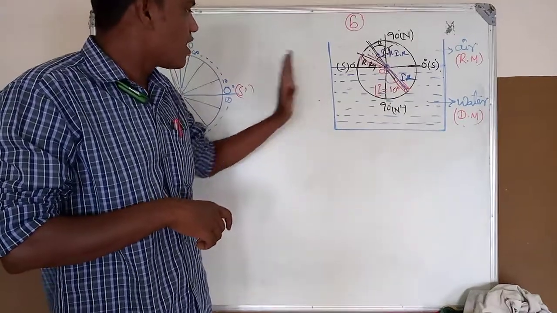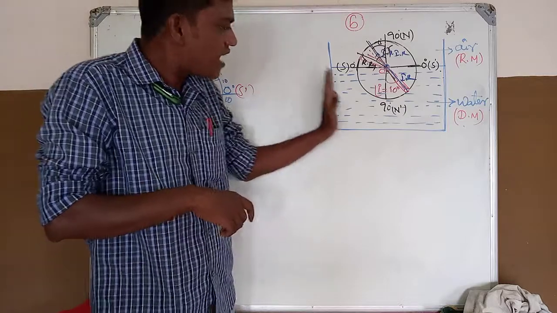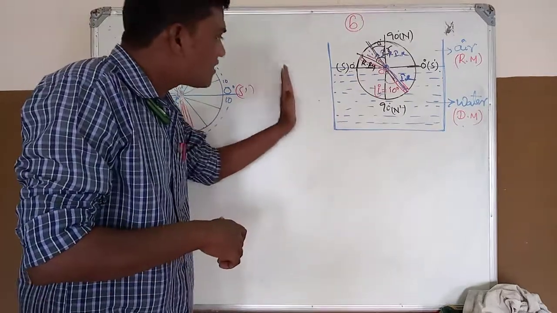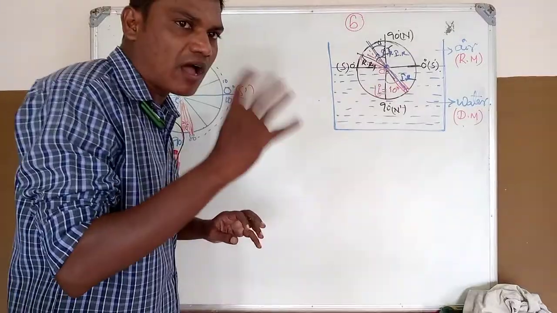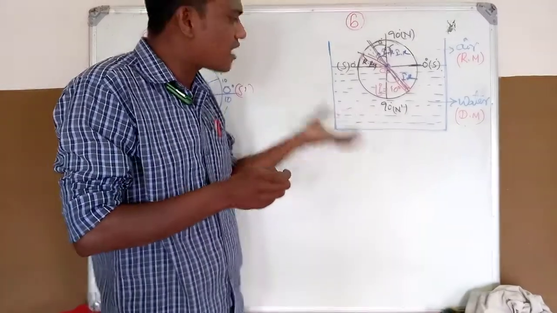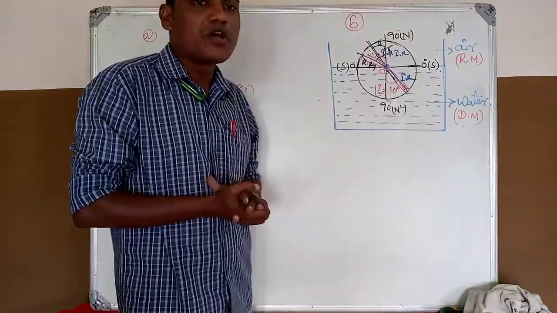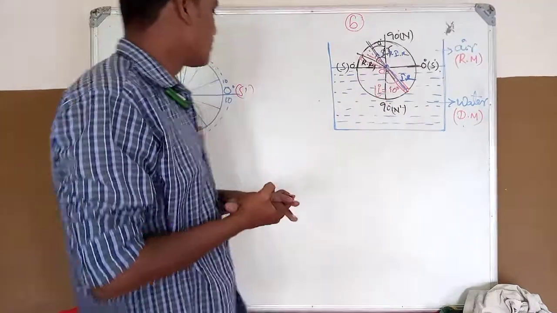If the question says prove angle i less than angle r, or angle r greater than angle i, the thought is that light travels from denser medium to rarer medium. That is the way of it.